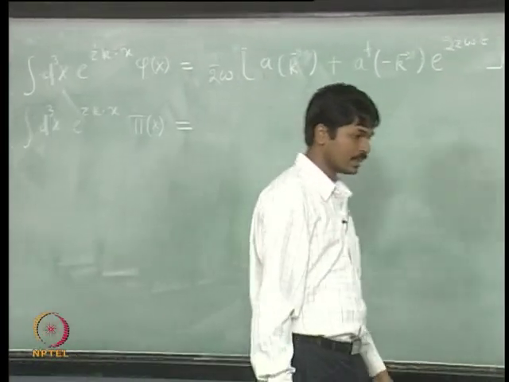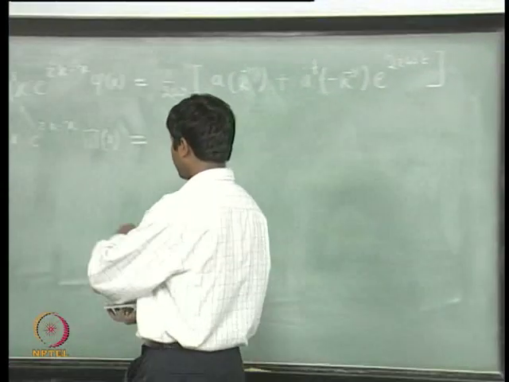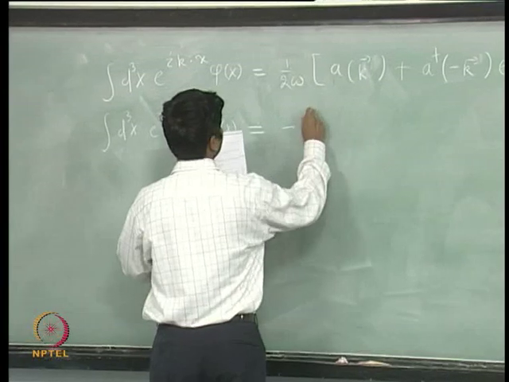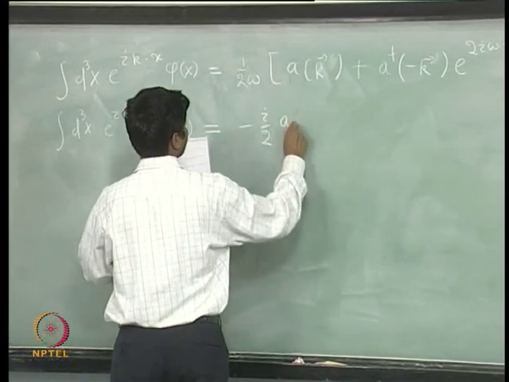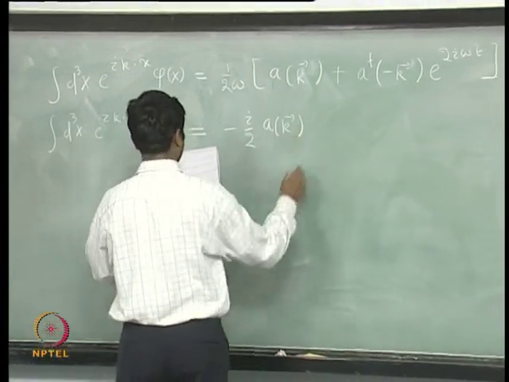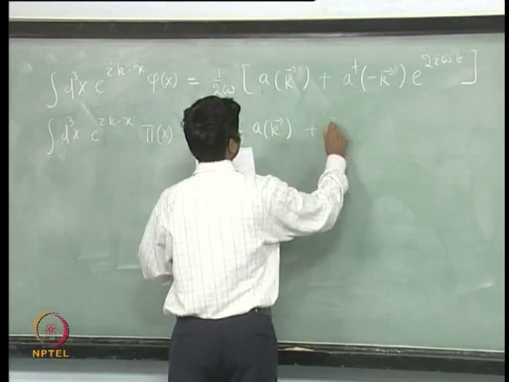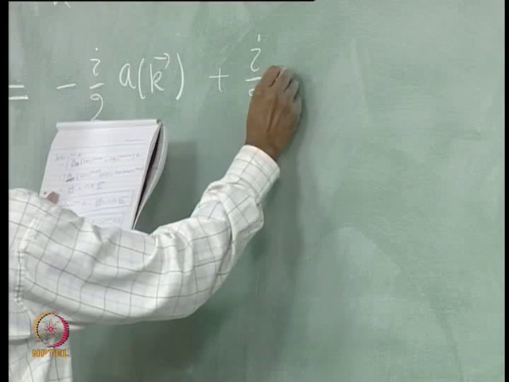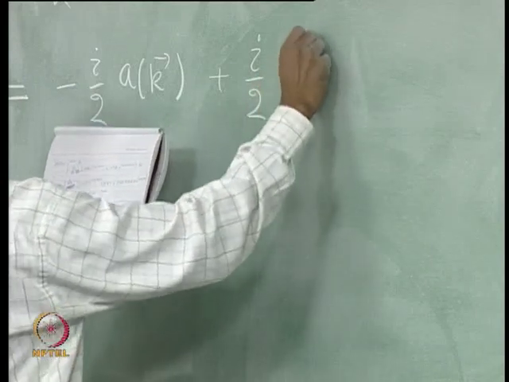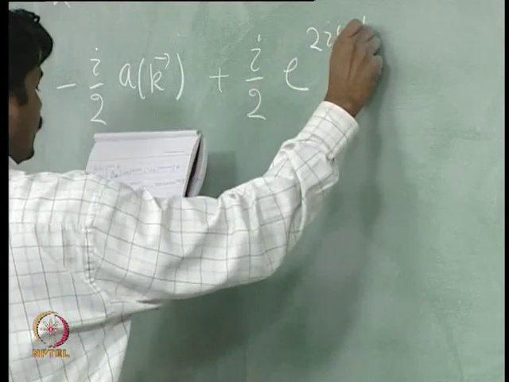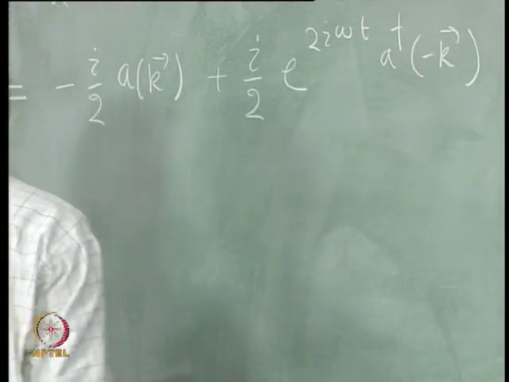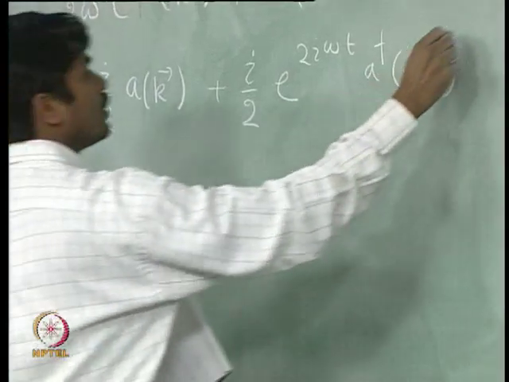What you will get by doing such an exercise is minus i by 2 a k plus i by 2 e to the power 2i omega t a dagger of minus k.